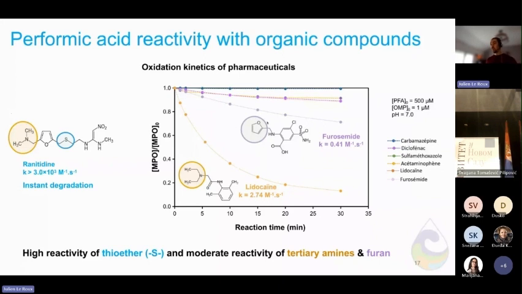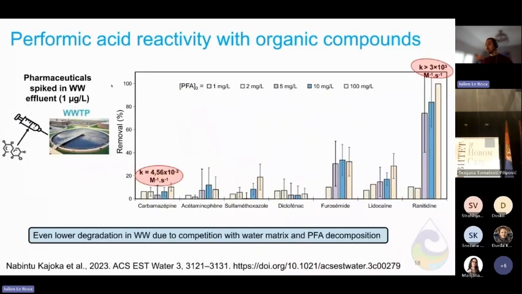And to some extent also the furan group. So there are specific molecular groups that can be attacked by performic acid, and that explains the reactivity of these molecules. But in other molecules, there's no group attacked, and so there's no reactivity. So it's very selective, with specific groups.